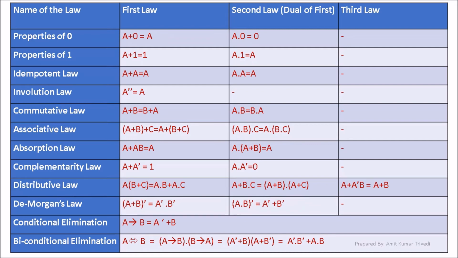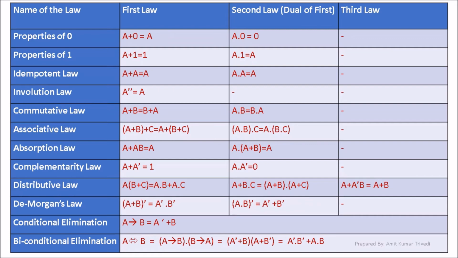Now next is conditional elimination. Sometimes we require to eliminate this implication symbol, so that is equivalent to a complement plus b. Similarly, we can remove the biconditional also. So in 3 ways we can remove it. First, we can write it as a implies b dot b implies a.